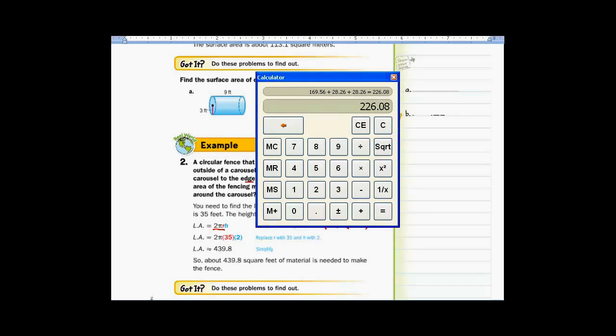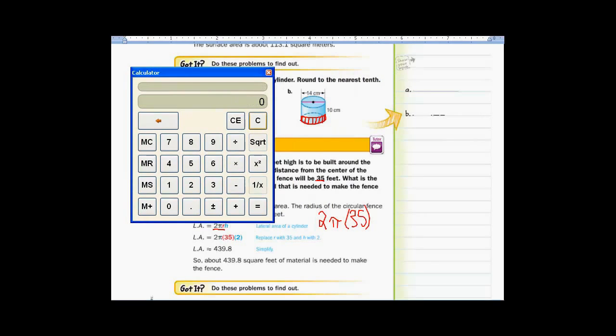Calculator, please. 2 times pi times 35. It gives you the circumference of that, which is 219.8. I then need to know that that is 2 feet high.